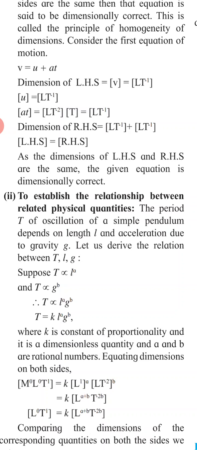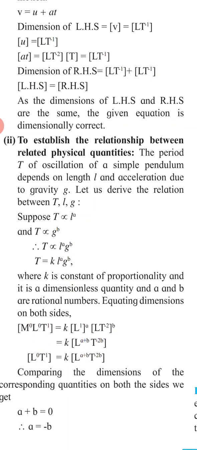Now equating the dimensions on both the sides, what will happen? Look here. So dimension of t is nothing but what? Period is in seconds. So its dimension will be M0 L0 T1, which is equal to k into L raised to 1 into a. Now here write L T raised to minus 2 into power b.